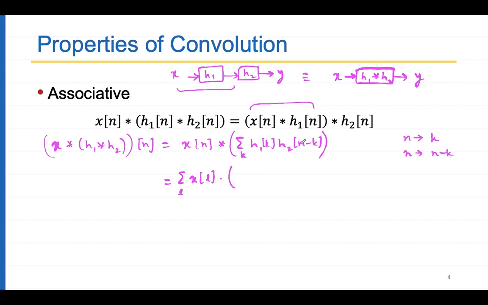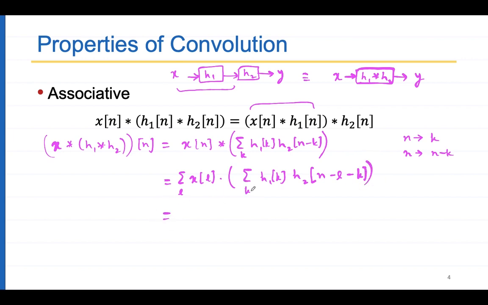Here I have to replace n with n minus L. So summed over k, h1[k] h2 of, I replace n with n minus L, and minus k is as it is.